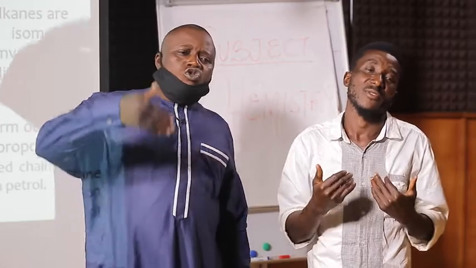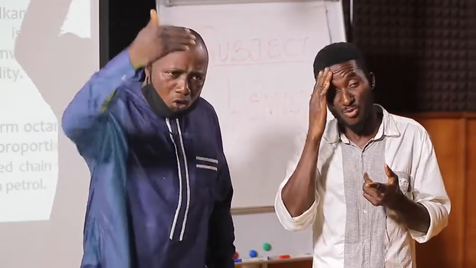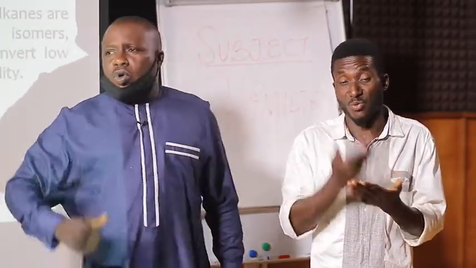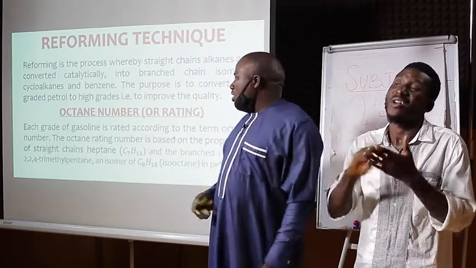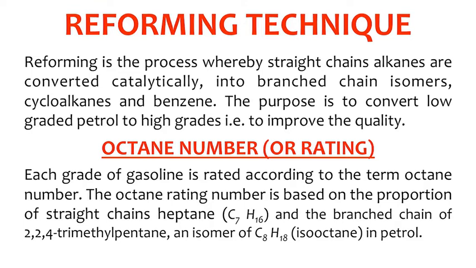Now, in order to know whether this petrol is good or not, there is what we call octane number rating. What is octane number rating? Each gasoline or petrol that you see is of a grade, and the grade range is from 0 to 100. Each grade of gasoline is rated according to the octane number rating.